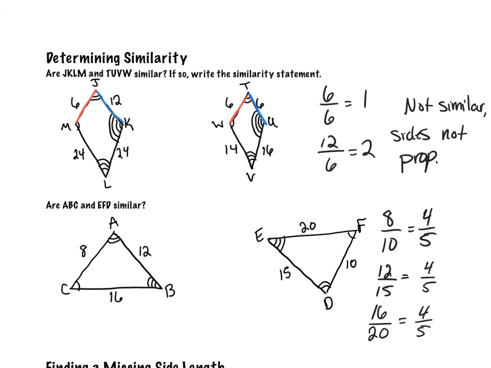Because all three sides reduce to the same fraction, I can say, yes, triangle ABC is similar to triangle DEF, and the scale factor is 4/5.